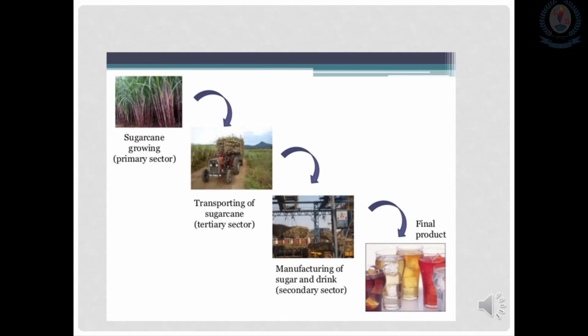Manufacturing of sugar and drink is the secondary sector, or the industrial sector. Finally, the final product will be consumed by us. So all consumer products will be associated with all these three sectors, or at least two sectors. Sometimes the primary sector and the tertiary sector, or the manufacturing sector and the tertiary sector.